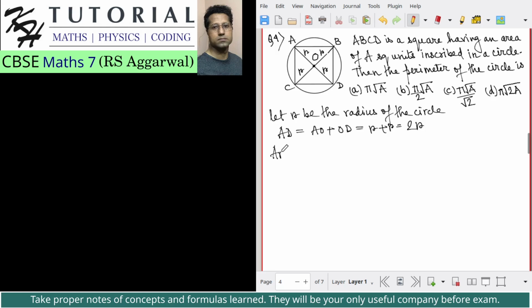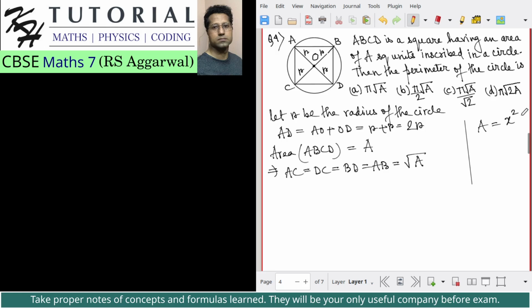Now it is given that the area of the square ABCD is equal to A. So this implies, since ABCD is a square, that AC equal to DC, BD equal to AB, these are all the sides of the square and they are equal, and each has to be equal to square root of A. We know that for a square, area is equal to the square of the side.